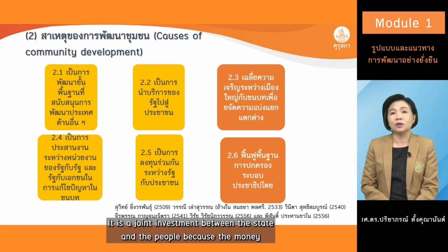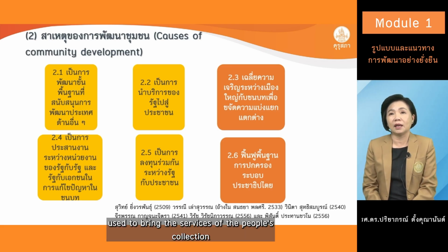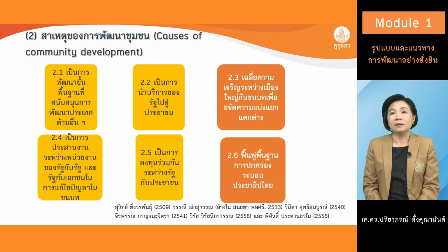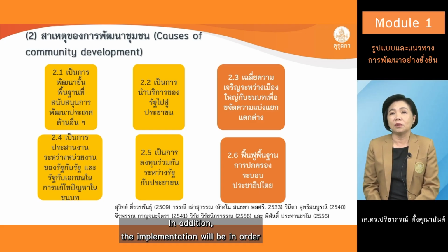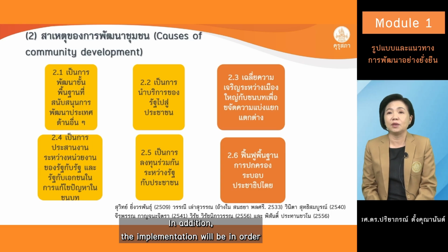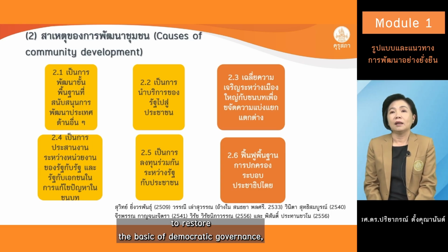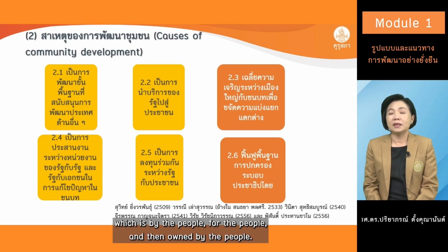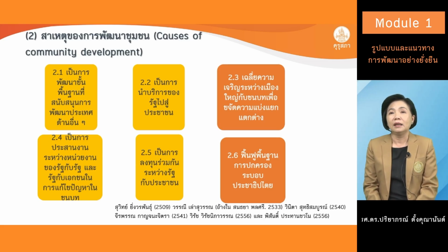It is a joint investment between the state and the people, because the money used to bring the services to the people is also taxed money from the people. In addition, the implementation will be in order to restore the basis of democratic governance, which is by the people, for the people, and owned by the people.